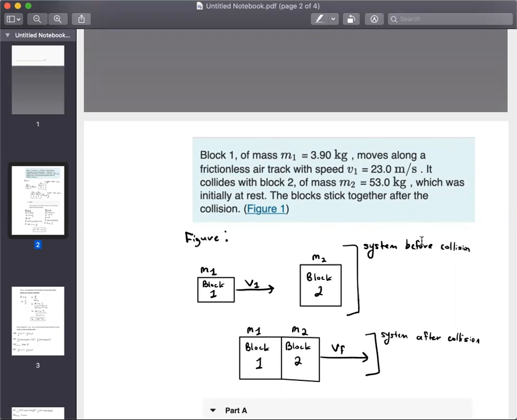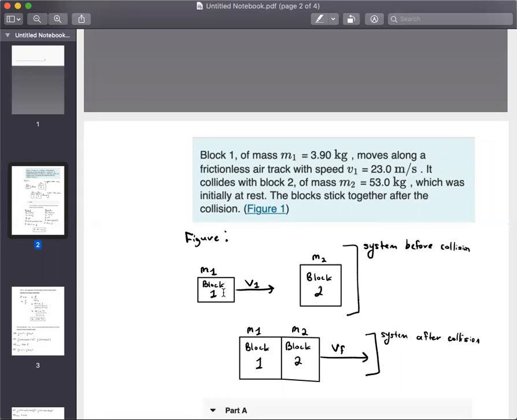The system in this problem is two blocks, and they're interacting with each other due to the momentum of block 1. To set up this problem, I drew out this visual diagram to represent what's going on. Before the collision, you can see block 1 and block 2 are apart.